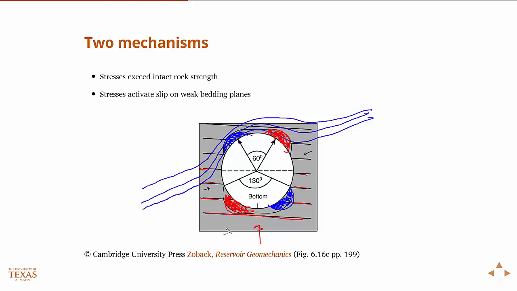Yeah. What do you mean by activation of slip? Well, if you recall from right before the previous test, we went through all that stress resolution, right? So we know what the normal and shear stress is on our fault. Before the previous test, all we were doing was resolving the stress. We didn't actually know if it would slip or not.